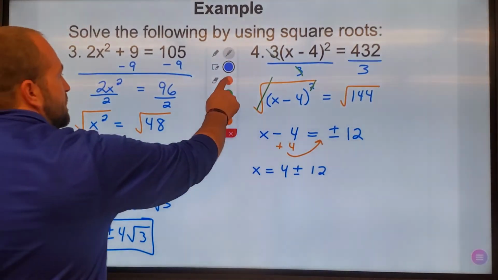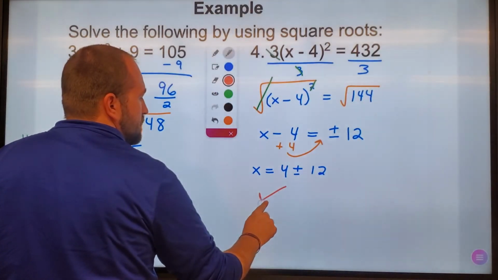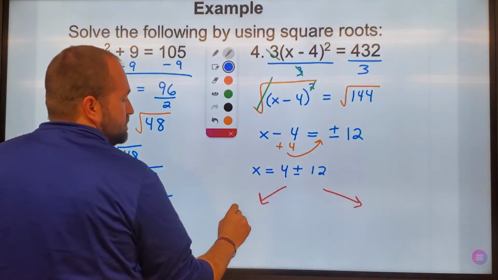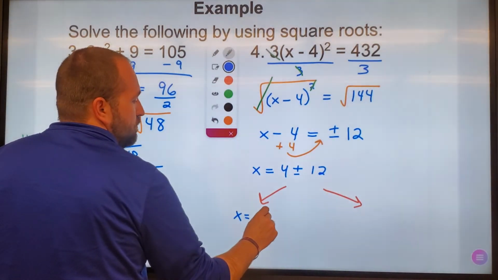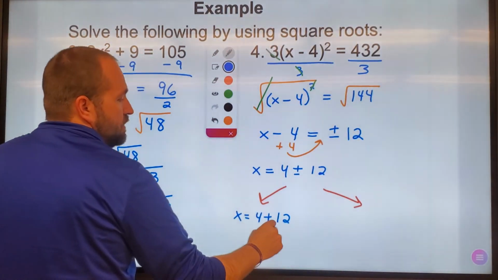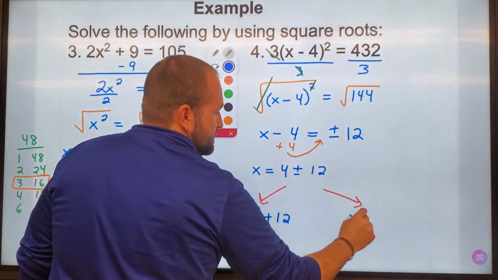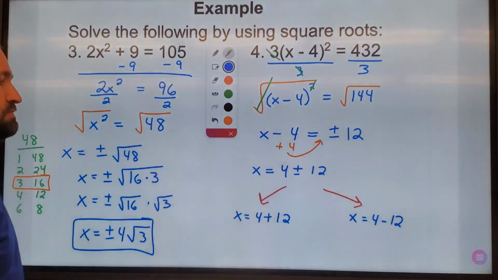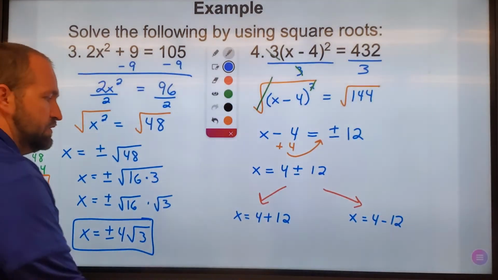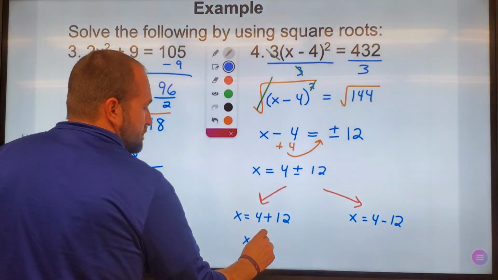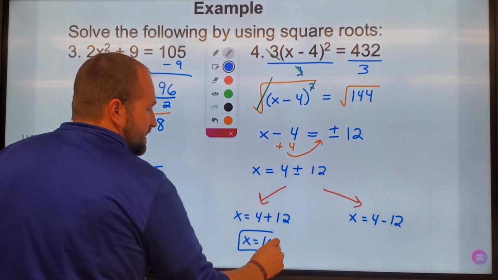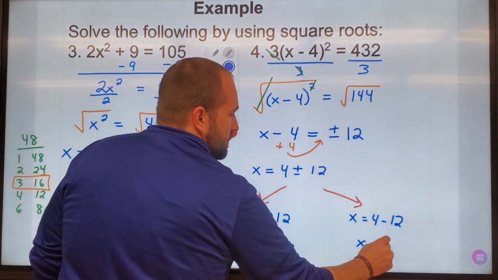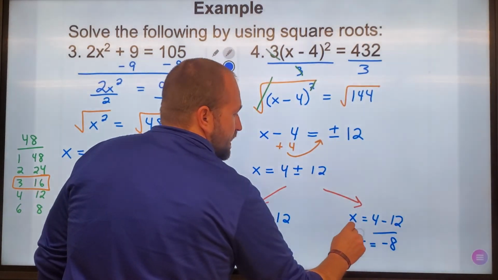I'm going to separate it into 2 problems. This becomes x equals 4 plus the 12. And this one is the opposite one, x equals 4 minus the 12. Okay, you have both cases. 4 plus 12 is 16. So that's one of my answers. And 4 minus 12 is negative 8. And that's my second answer.